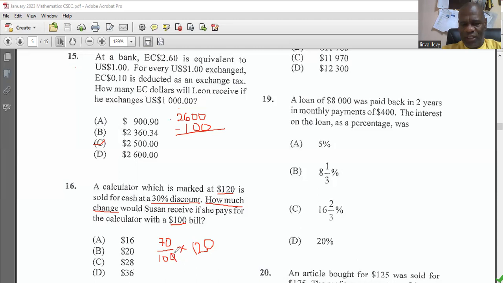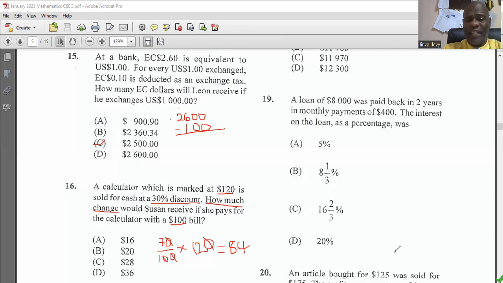So this 0, cancel this one, and this 0, cancel this one. And then we can say 7 times 12, 7 times 12 is 84. So it means that the cost is $84. That's the cost, right?